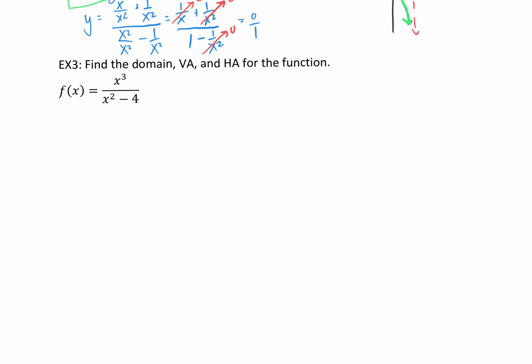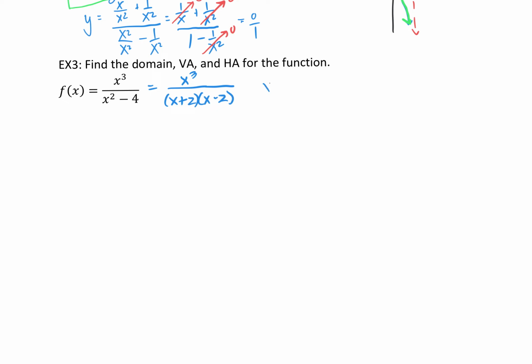example 3. In example 3, does that factor? Yes. The denominator factors, difference of squares, x plus 2, x minus 2. It doesn't look like anything's going to cancel though.